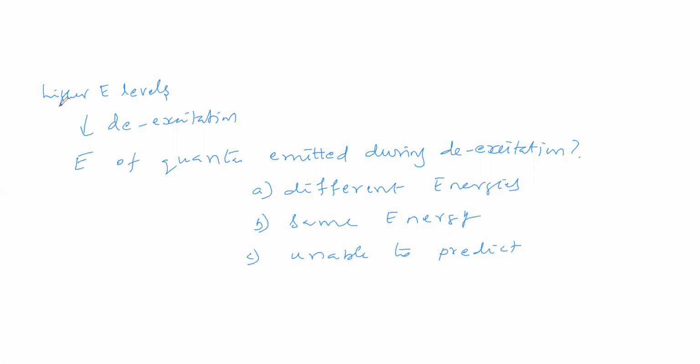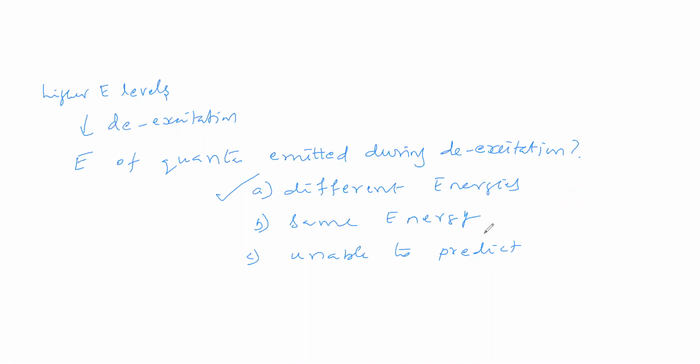What do you say? Electrons present in higher energy levels have lower stability. They are going for different de-excitations, so they are emitting different energy quanta. One student says different energies and another says same energies.